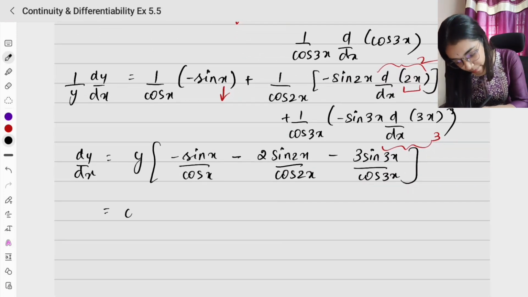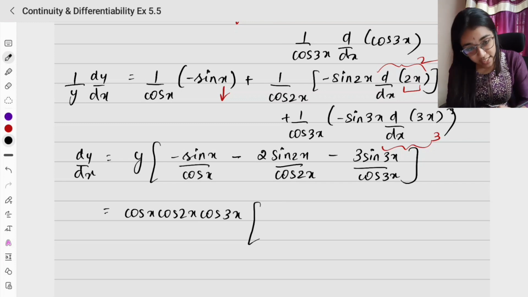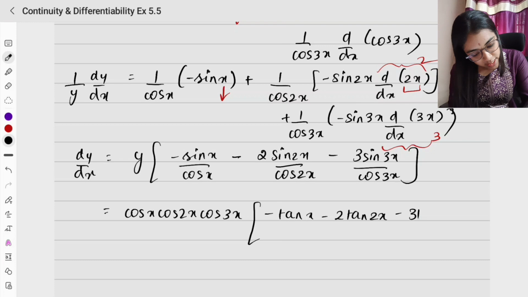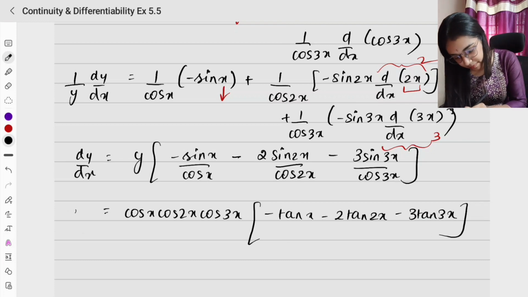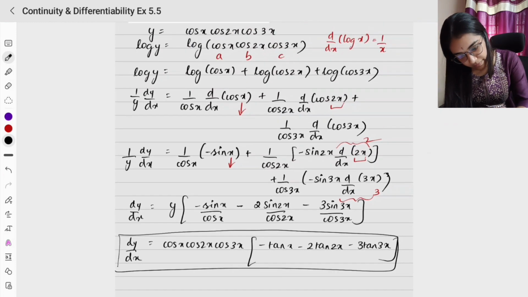So we'll have cos x cos 2x cos 3x times sin by cos, which is tan. So I'll have minus tan x minus 2 tan 2x minus 3 tan 3x. Okay, so this is my final answer, dy divided by dx. Please copy.